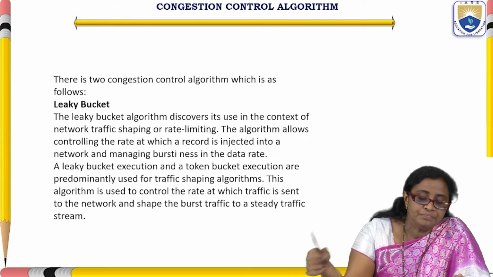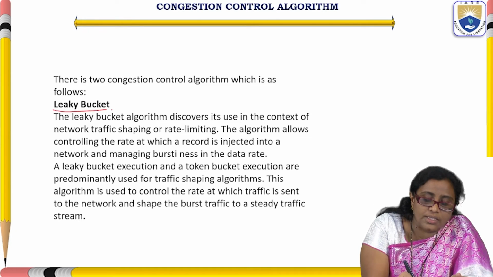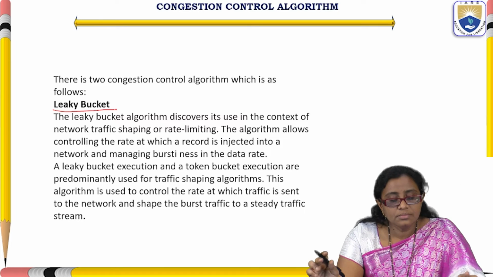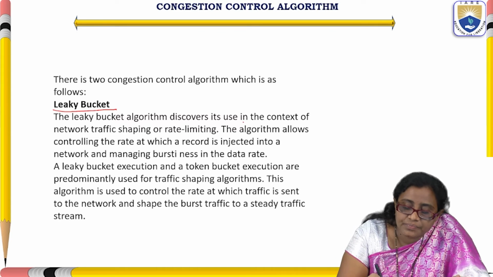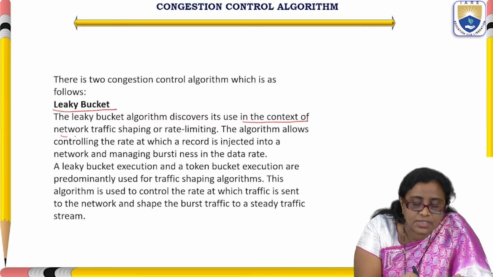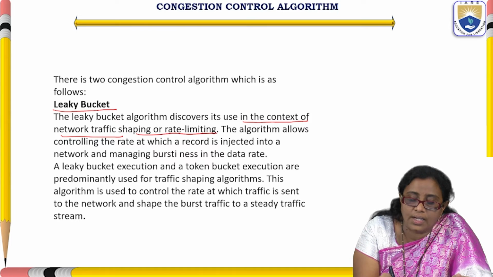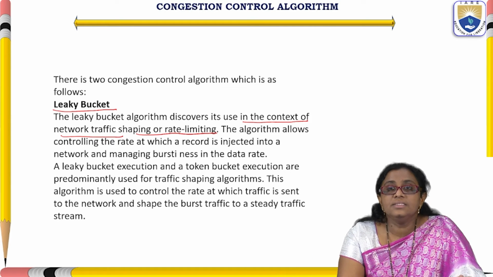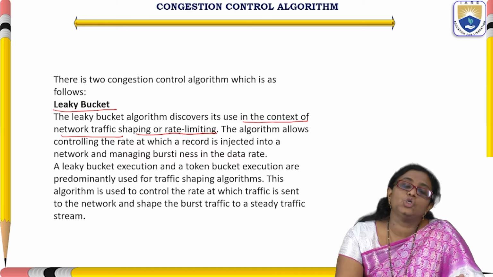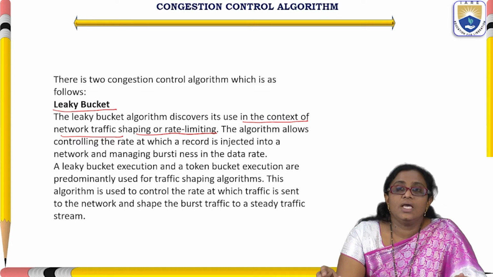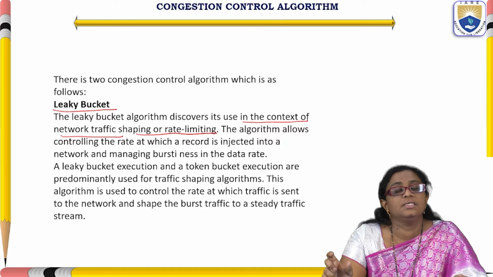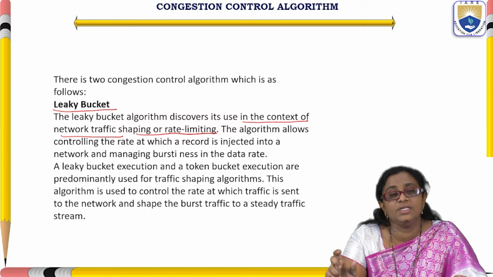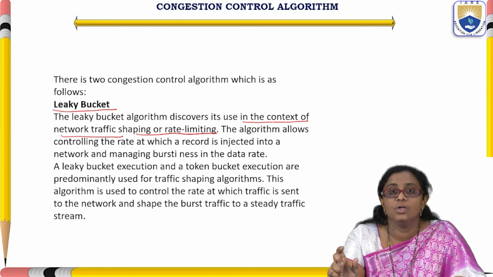The first one is the leaky bucket algorithm. This means the leaky bucket algorithm finds its use in the context of network traffic shaping or rate limiting. That means this algorithm allows controlling the rate at which a record is injected into the network and managing the burstiness in the data rate, that means the sending of data packets from one node to another node.